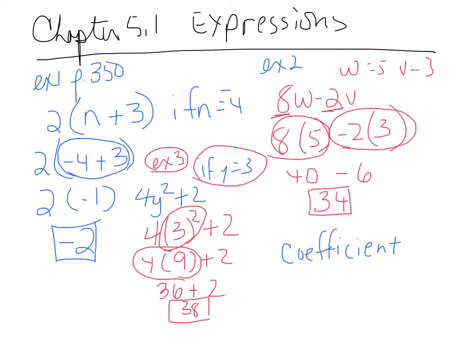And the other vocabulary is variable, and that's a symbol or a letter most often used to represent a number. And the last one is substitute. And they don't have this one in the book, but I'm adding it in, and that means when you solve an expression or equation, you substitute the values that you know.